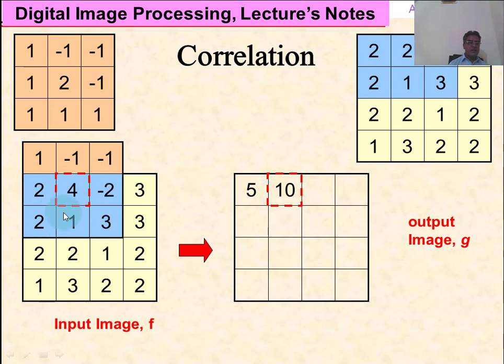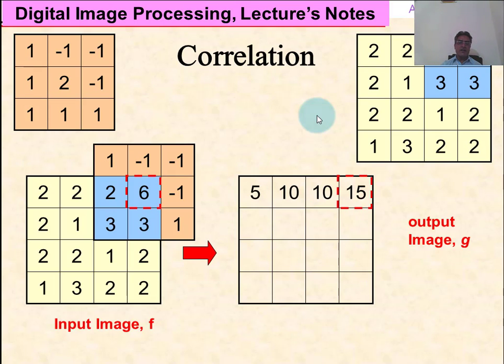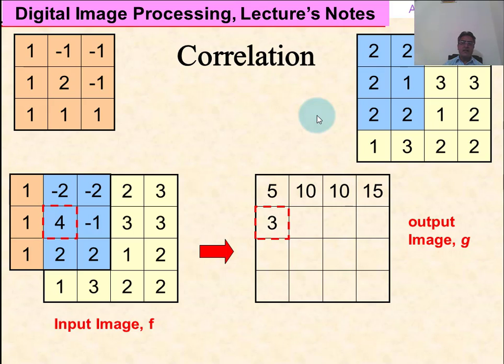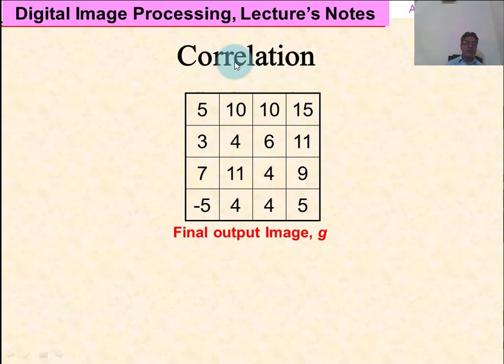And when we sum these blue color values, the resultant value will become 10, and we will modify this second value. Then we do the third and fourth. This third value has also become 10, and then the fourth value, and similarly the second row first value, this 2 has been modified into 3, and this 1 has been modified to 4, and lastly the correlation operation.